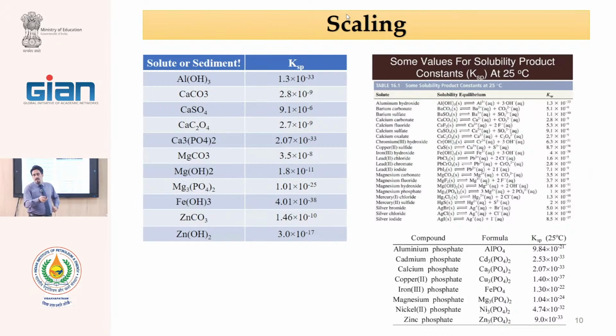Therefore, one plant works 2 years, while another plant works 5 years, because the 5-year one uses good pre-treatment. With good pre-treatment, a good anti-scalant, and good pH adjustment, we can reduce the possibility of scaling by controlling this Ksp.